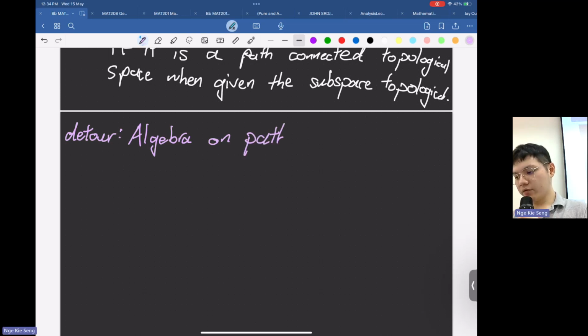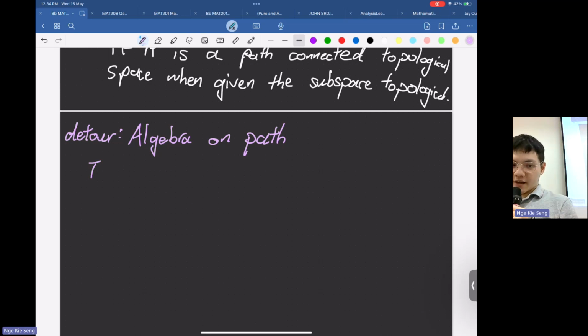Actually, it's not quite important for our context. I think this will be useful if you're going to take algebraic topology later. As for our course, I think not too important. For our course, you just need to find a path that does the path connectedness.